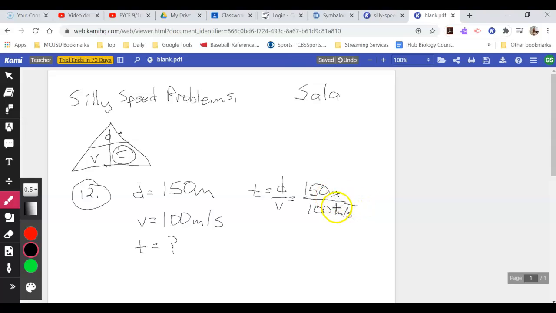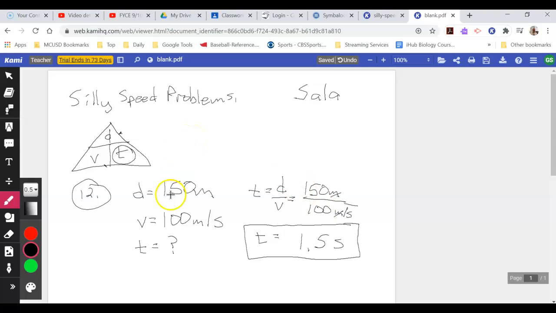And these meters will wind up canceling because we know that the unit for time is going to be in seconds. So then when you divide through here, you're going to wind up with 1.5 seconds.